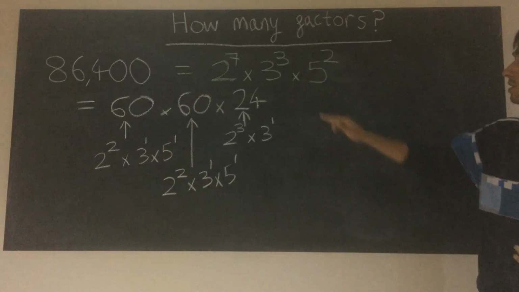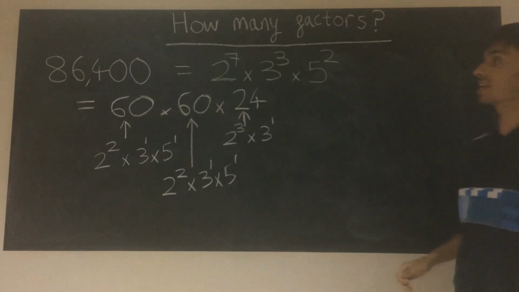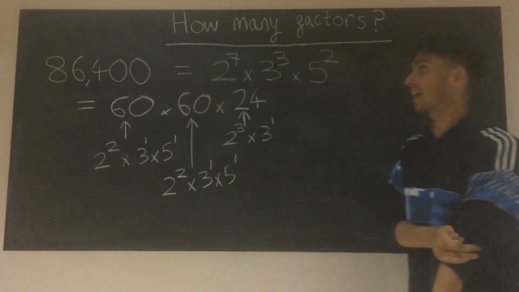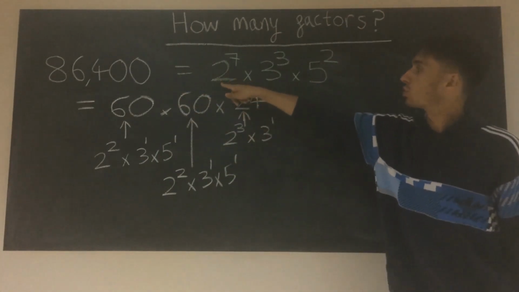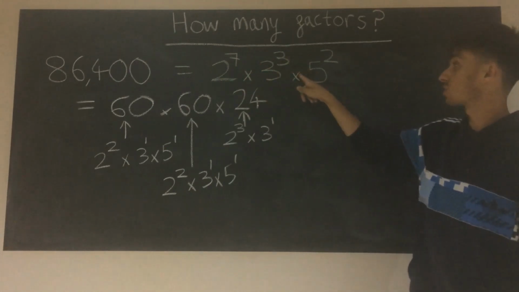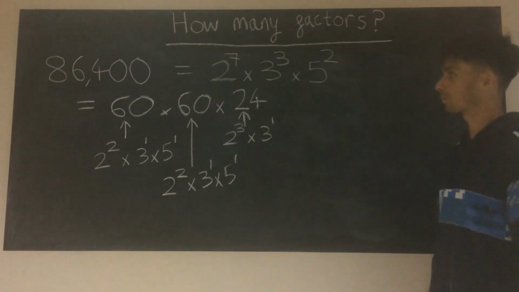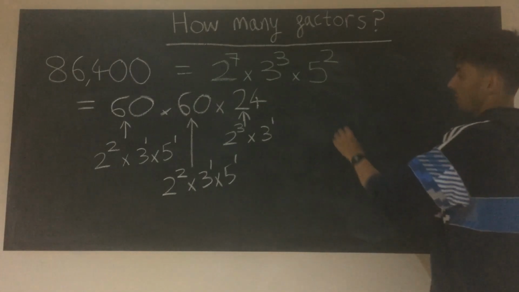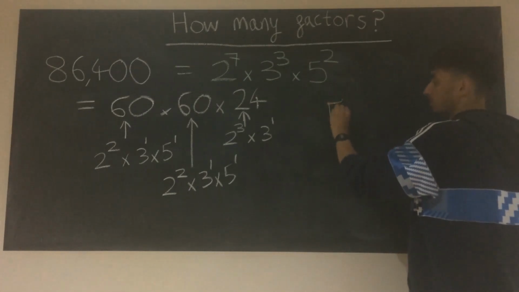So at this point we've obtained the prime factorization of 86,400. 2 to the power of 7 times 3 to the power of 3 times 5 to the power of 2. Well, now we think about our counting factors rule.